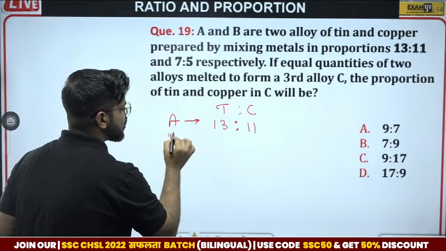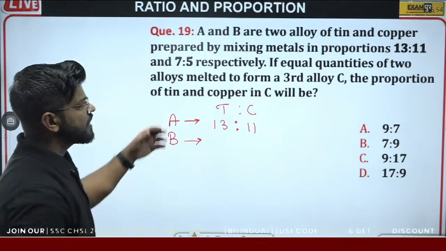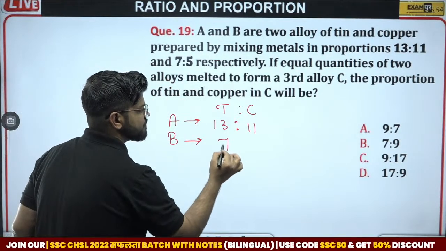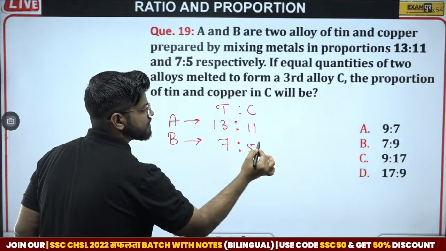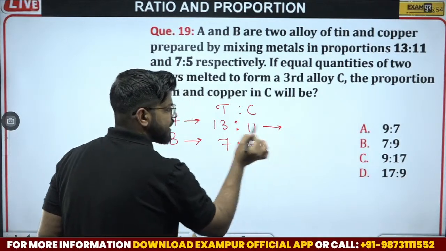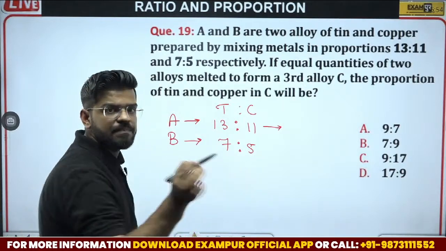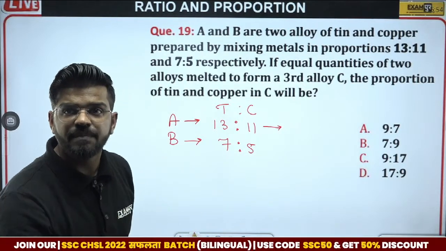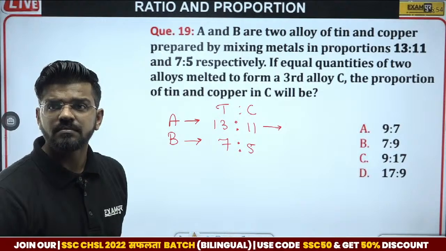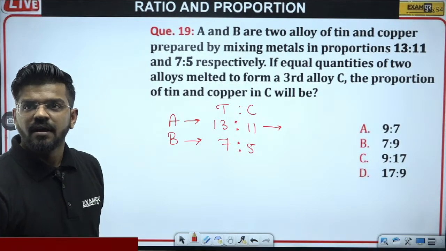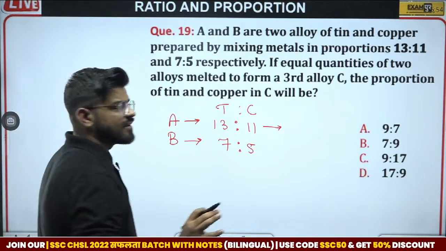We have alloy B in which tin and copper are in the ratio 7:5. And if we are talking about an alloy, that means total is T plus C.